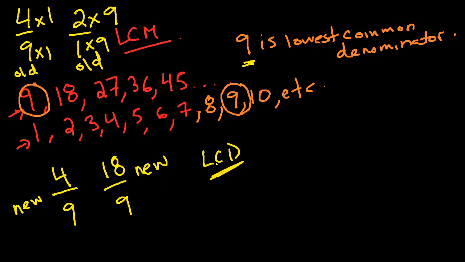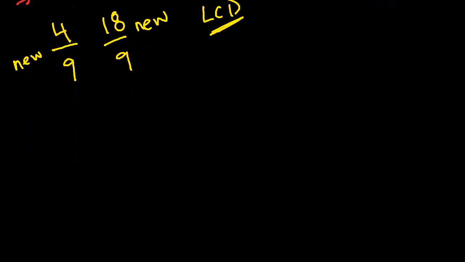Okay, let's try another problem. Let's say we had the two fractions, 2 over 5 and 7 over 2. How would we find the lowest common denominator for this problem? Well, our two denominators are 5 and 2.